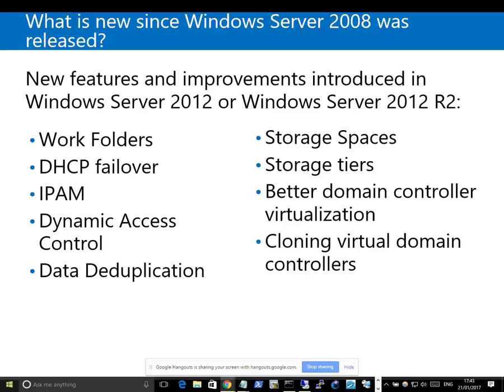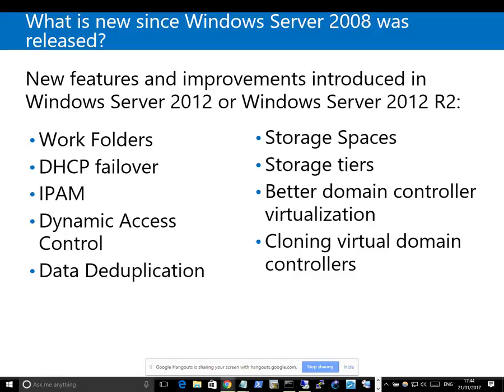And when it comes back, it won't start replicating itself to other domain controllers. It's going to be quiet, replicate from other domain controllers first, make sure it has replicated everything from them, and then it will go out and start replicating itself. So it's a new attribute.